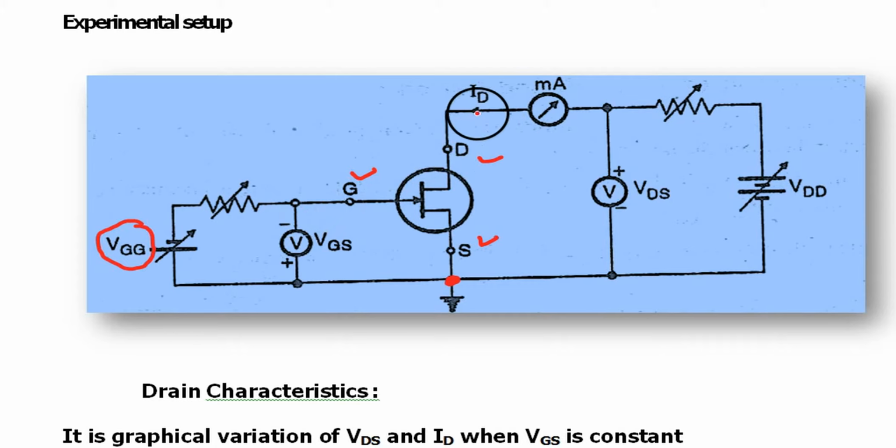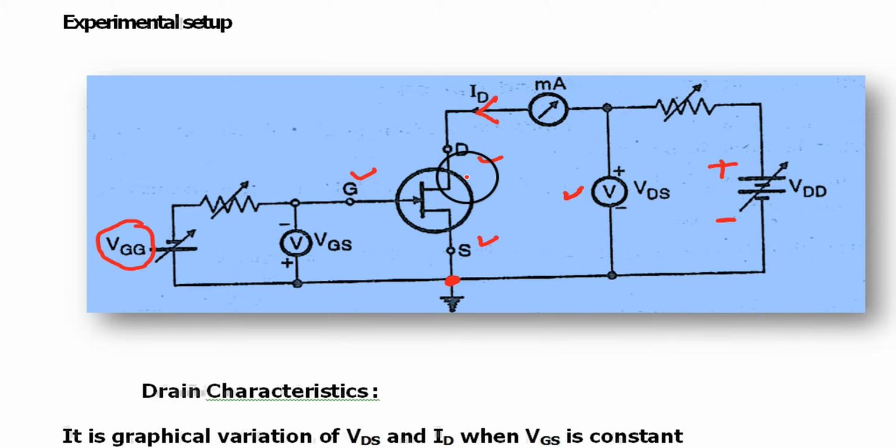The drain is made positive with respect to the source. Electron will move from source to drain, but the conventional current will be drain to source, as shown here. This is the conventional current.